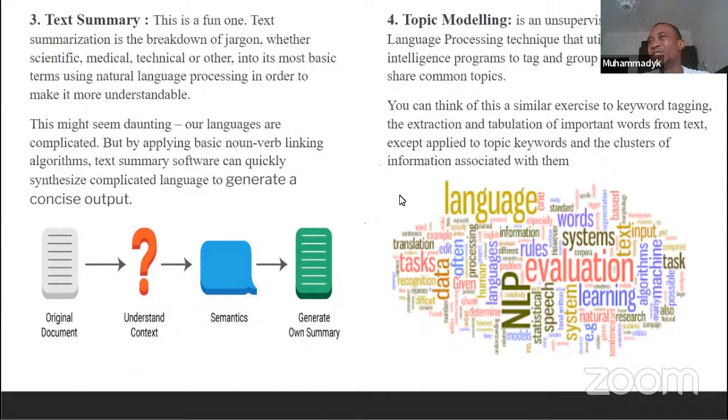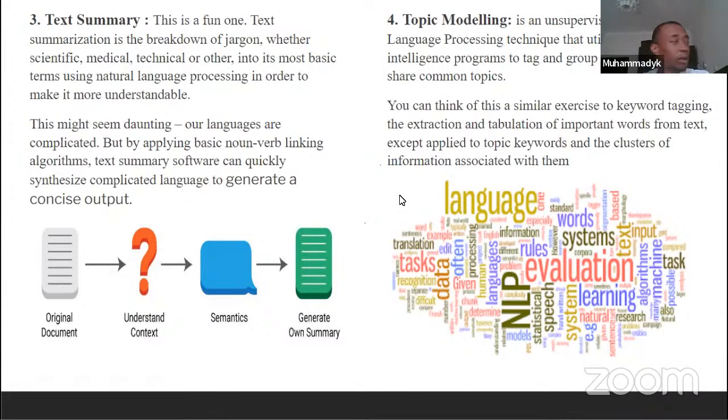Using topic modeling, we'll be able to extract from a large pool of data and know the categories as to what topic this particular sentence falls into. Just like we have it on our screen, we can see a word cloud of different words and topics. So we might have text and we'll be able to classify that everything in this particular part of text is a language, everything in this other part is a learning topic, or a task, or an algorithm, or it talks about systems and all of those.